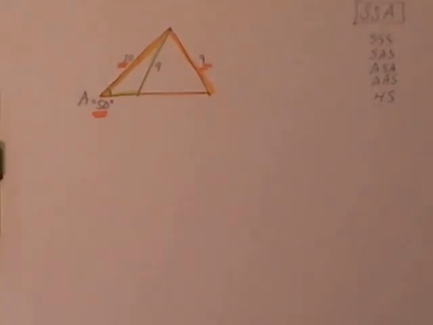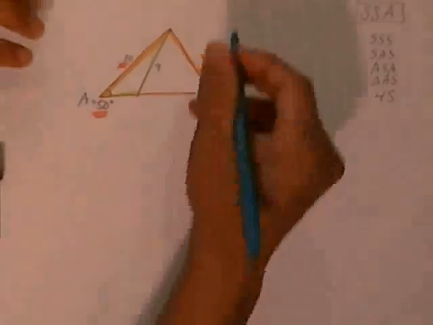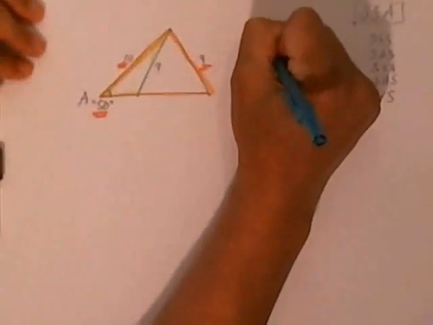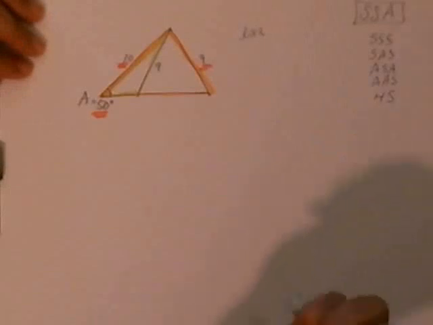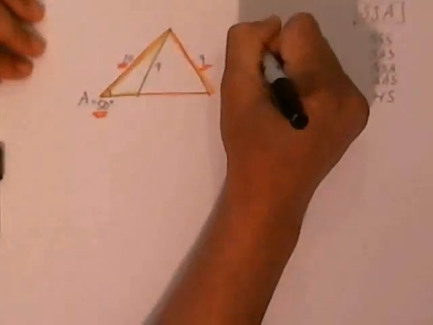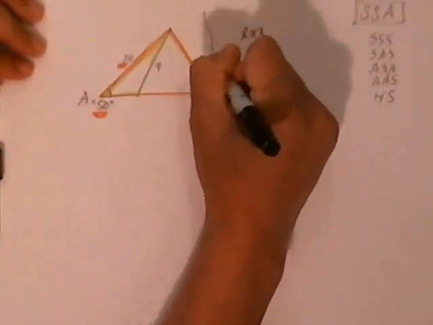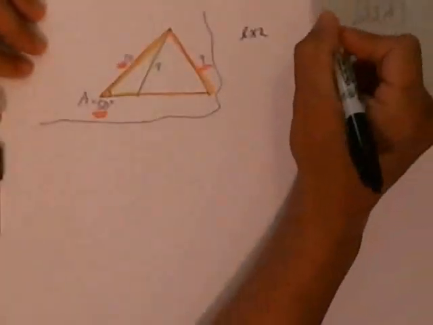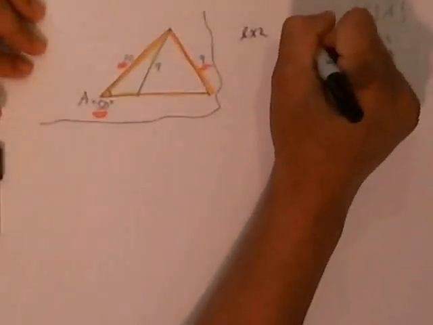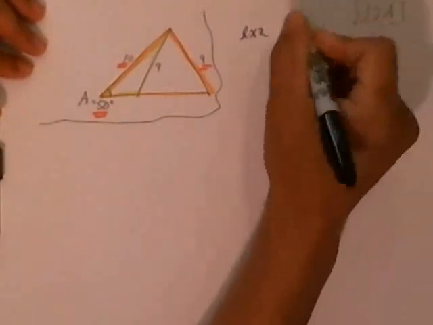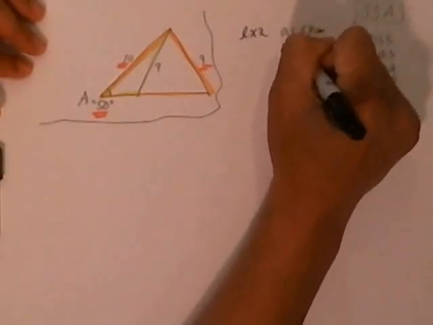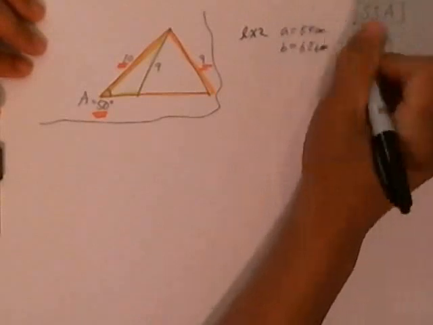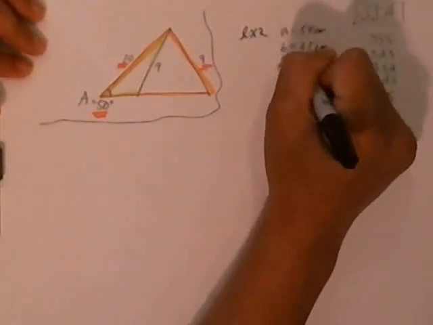Example number 2 says find the missing parts of the triangle. Little a is equal to 54 centimeters, little b is equal to 62 centimeters, and big A is equal to 40 degrees.